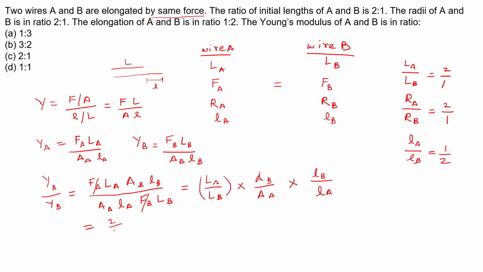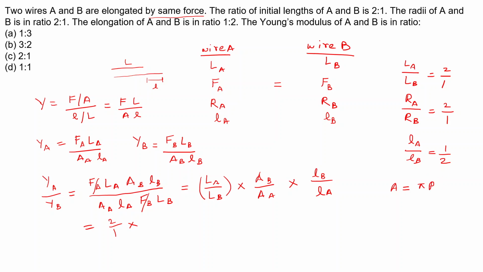So 2/1 times AB by AA. We know the area of a wire is pi r squared, because it's a circular end.